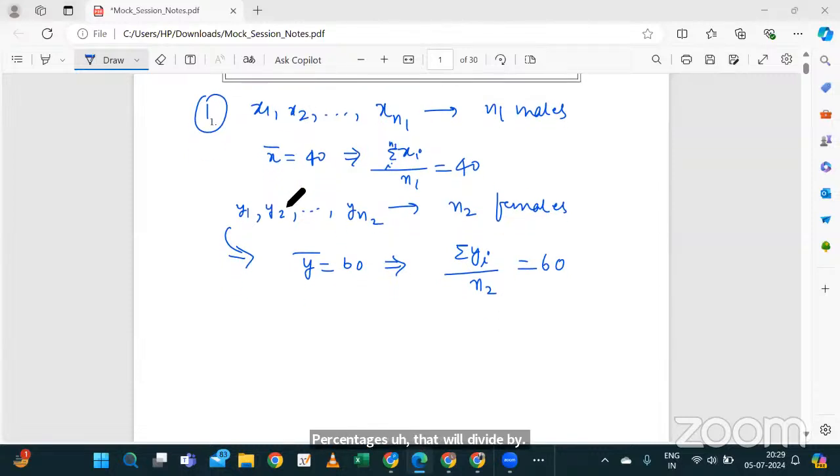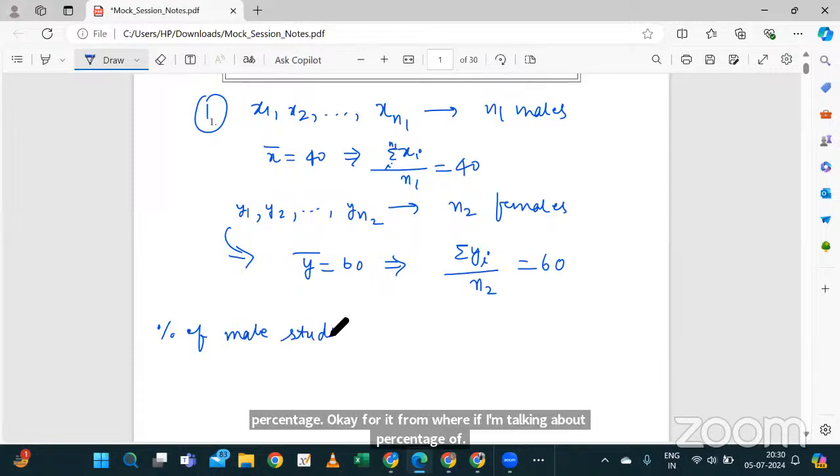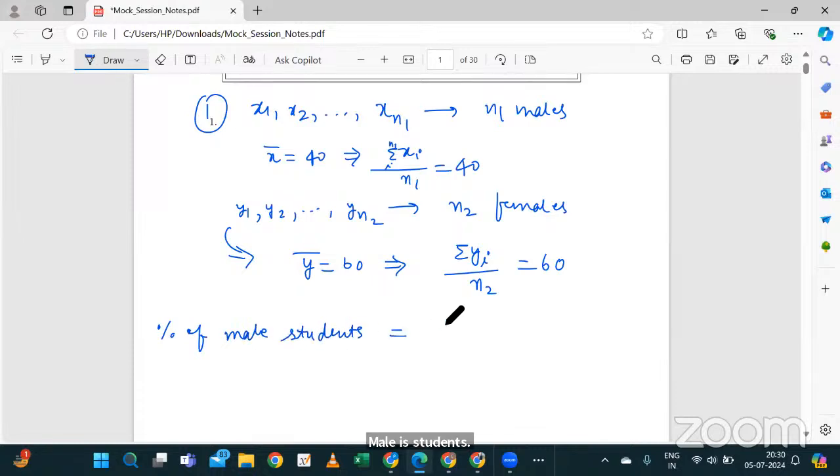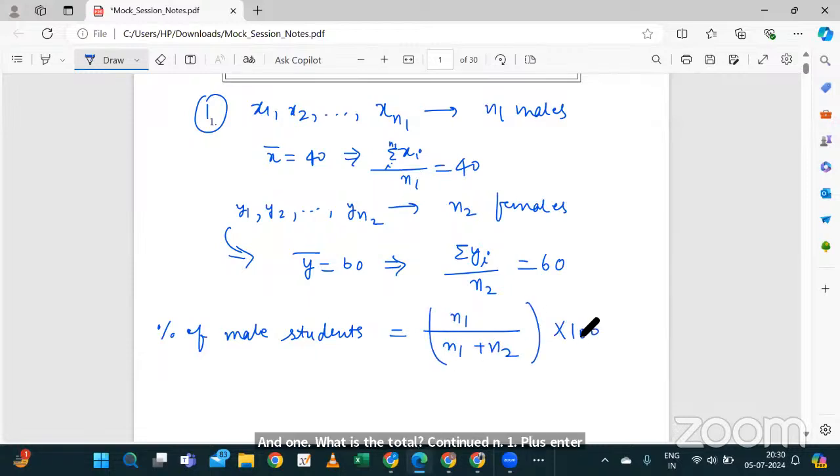So if I'm talking about the percentage of male students, how can I find how many male students there are? N1. And what is the total number of candidates? N1 plus N2, including male and female. If I do it like this, I will get the percentage of male students. Is this clear to all of you? This equation is number star. Yes, no? You can confirm on chat. So far, so good?